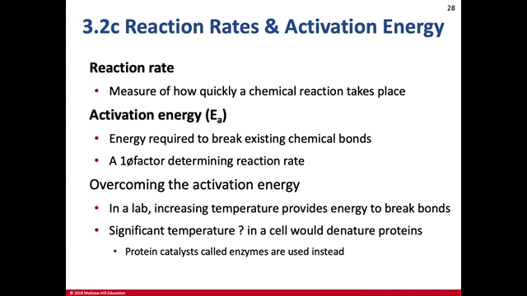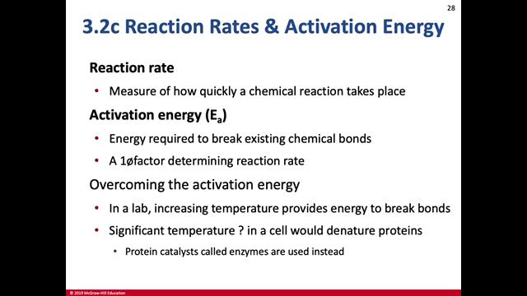Okay? Now, what we have to consider in a living system is that we can't really play around much with temperature and with an increase in the concentration of products or a decrease in the concentration of reactants without changing conditions in the cell to the point where the cell gets sick and dies. And that's why, in order to make products quickly enough for the cell to be able to use them, we use catalysts in order to help this happen.